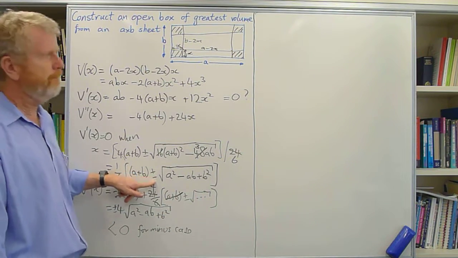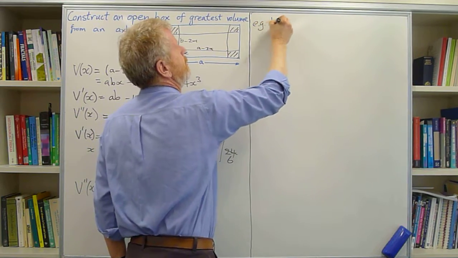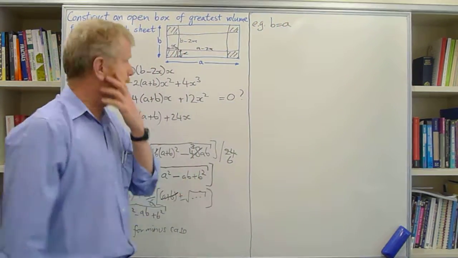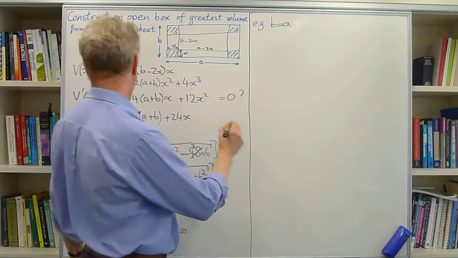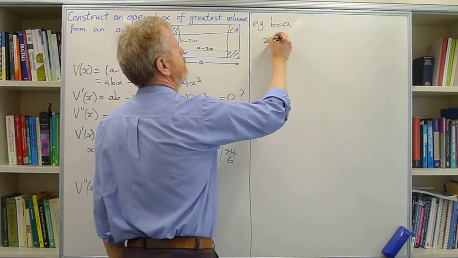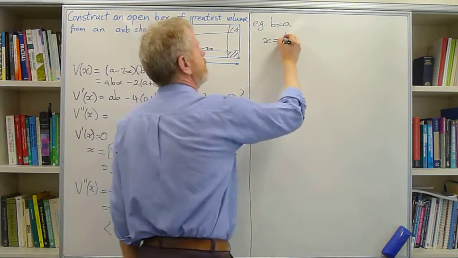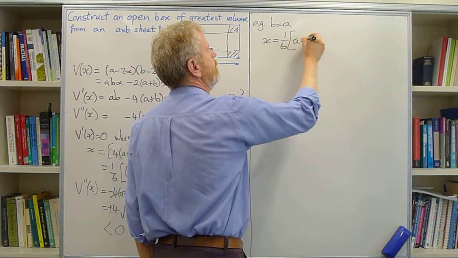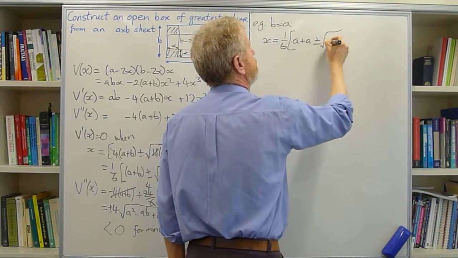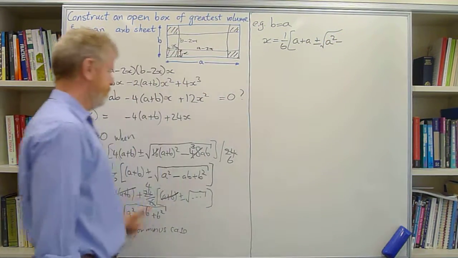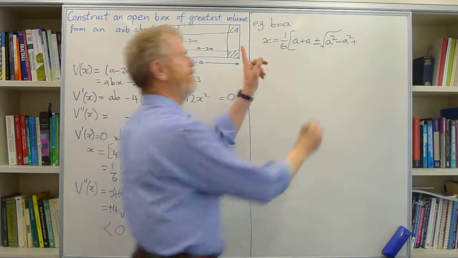Okay, so that's the x. So for example, even more specifically, what about the case a is equal to b? So this is a square bit of cardboard. So in this case, the optimal x is 1/6 of a plus b, which turns into a plus a, plus or minus the square root of a squared minus ab, which is another a squared, plus b squared, which is another a squared.